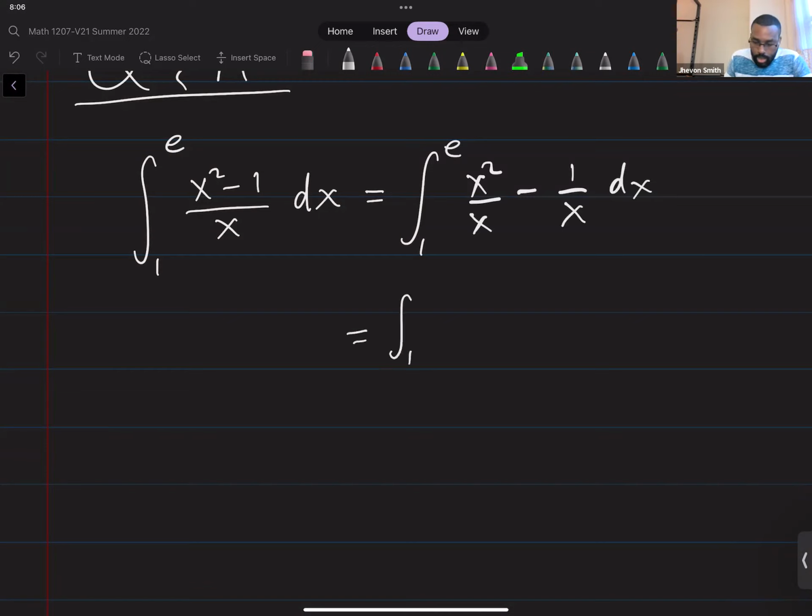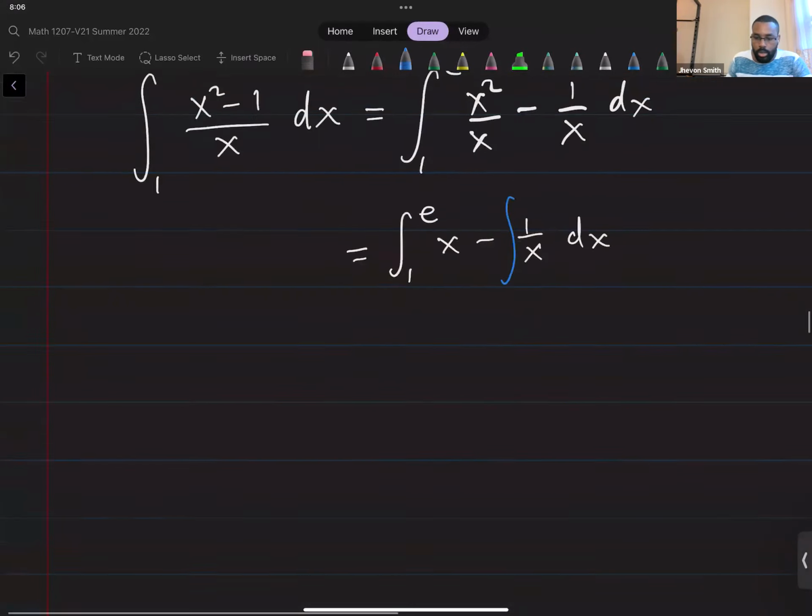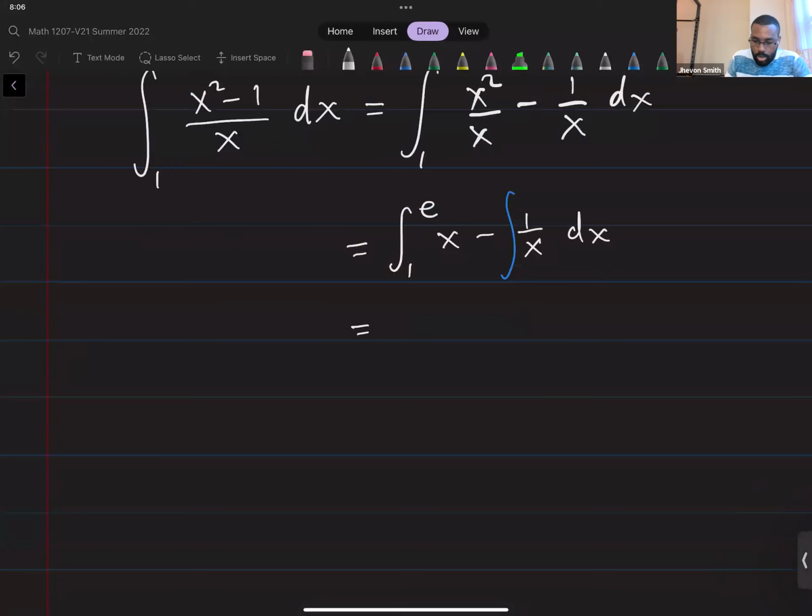So this is just the integral of x minus 1 over x, which you can think of as two separate integrals. Each of these is a basic rule now. The first is just the power rule: I add 1 to the power and divide by the new power. And the 1 over x, I know that is just ln of the absolute value of x.